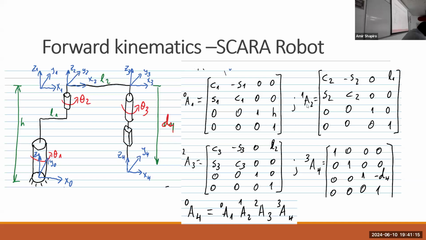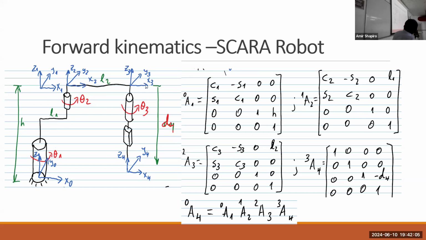Again, for the second transformation matrix, we have the transformation from 1 to 2 by rotating by theta 2, cosine and sine of theta 2, around the z1 axis, and the translation between them is L1 along x1.